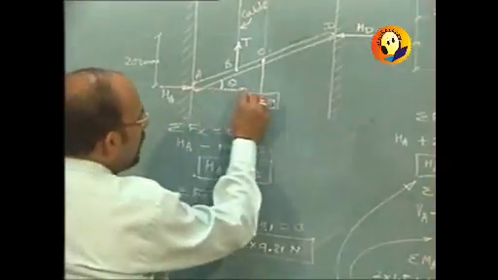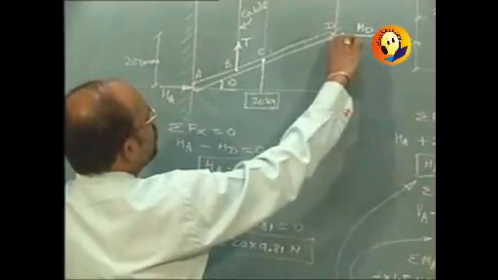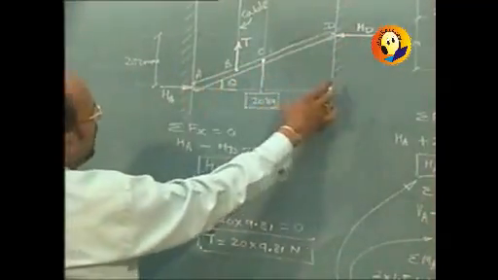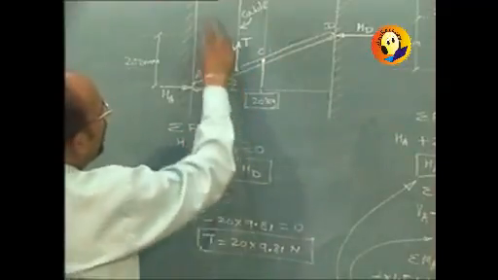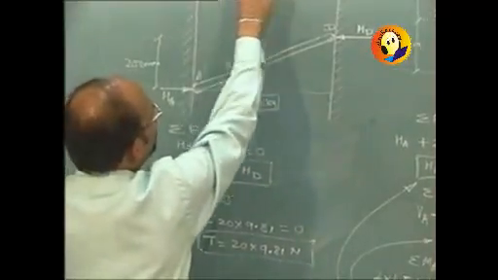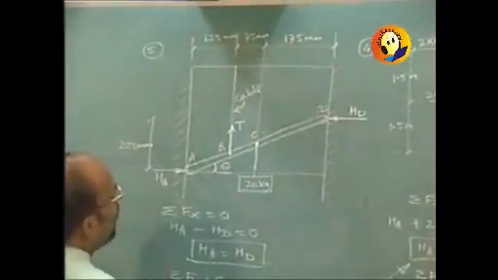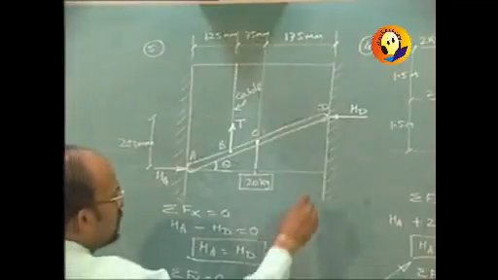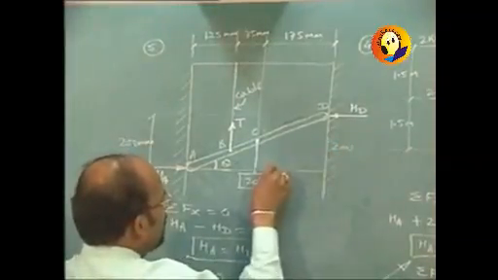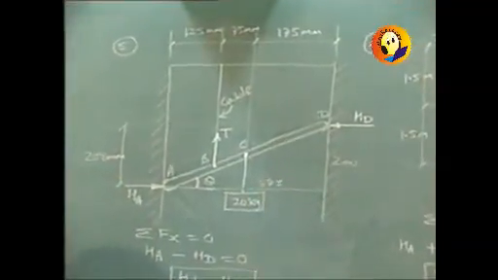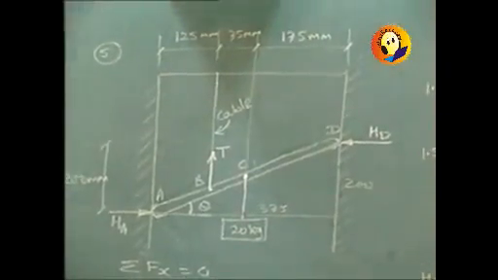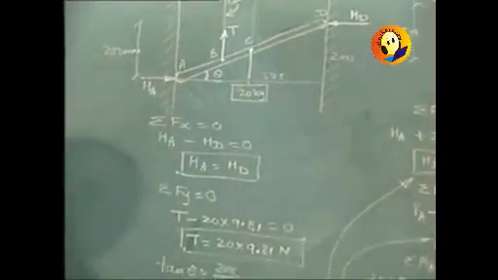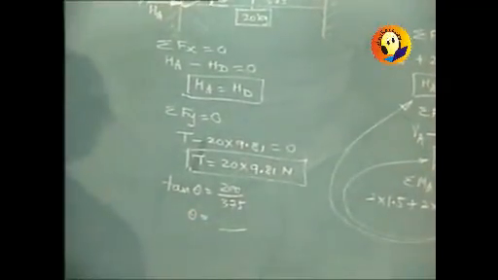If you complete this triangle, this height is given to us as 200, and the total horizontal distance is 125 plus 75 plus 3 plus 175, it will come out to be 375. So this is 200 by 375 is the triangle. So tan theta can be calculated as 200 upon 375, and therefore theta is known to us, so many degrees.